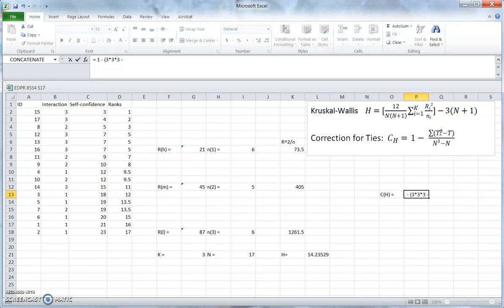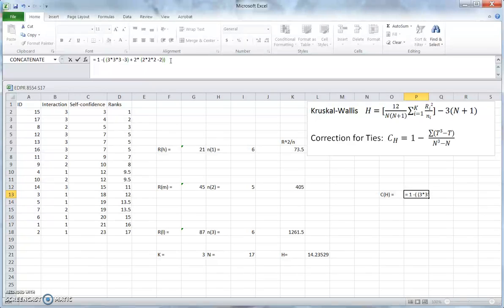Okay, then minus 3. Then we remember we have two sets of ties. Each set have 2 values in there. So t equals 2. In that case, we do t again to the power of 3 minus t again. Okay, this is the 3 sets of ties in the numerator.